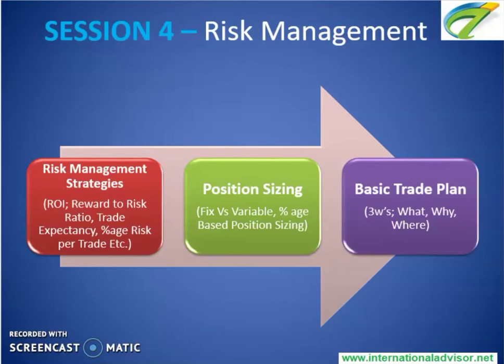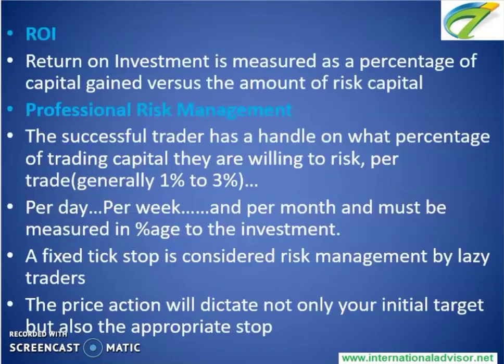So let's start with some of the basic terminologies involved to understand what measures should be taken to finally gauge the risk and the position sizing, and what should be the trade plan and stuff like that.